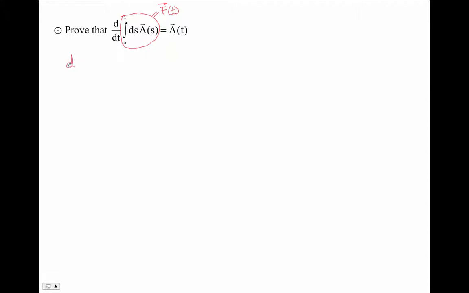So d by dt of f of t then means that you take the function at t plus delta t minus the function at t divided by delta t, and then delta t is to become as small as possible.